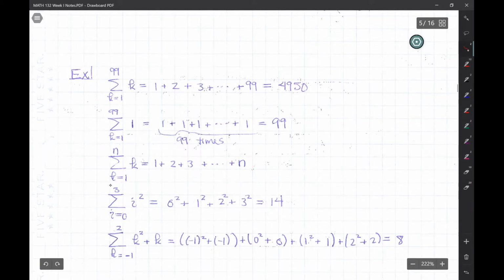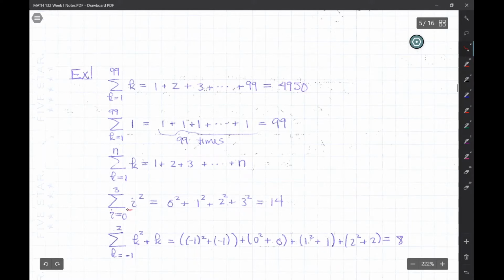We could also have a different index than k. Here we have the index i, and notice the lower limit here is 0 rather than 1, as it was in all the other examples, and we're summing up to 3. So what does that mean? Well, our summand is i squared, so we start at i equals 0, 0 squared, plus the next value of i, which is 1.